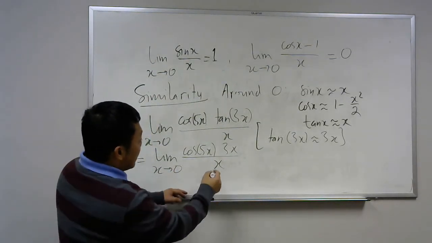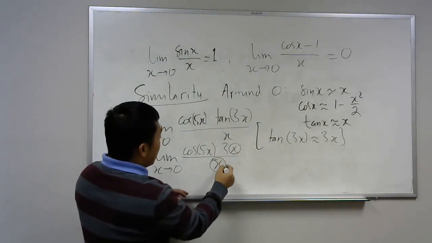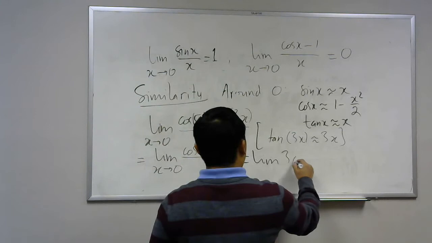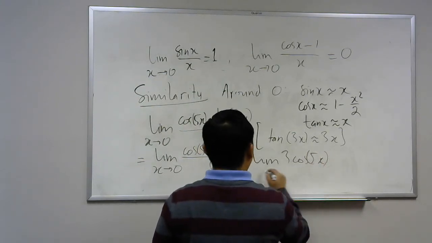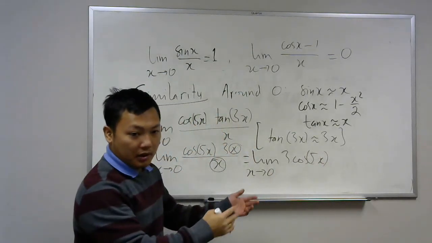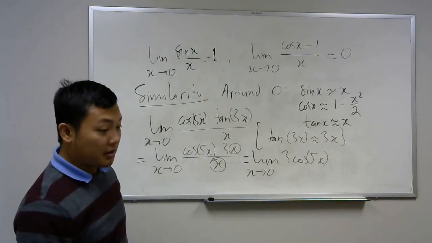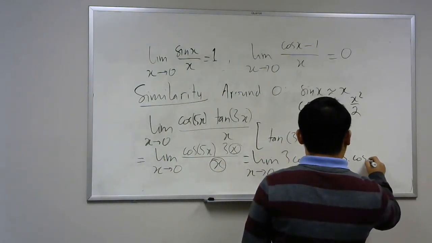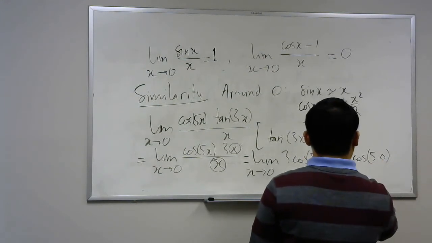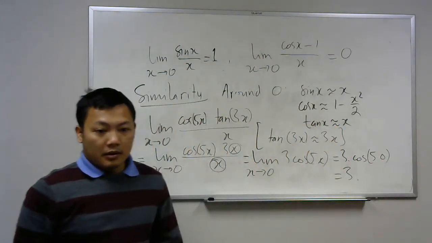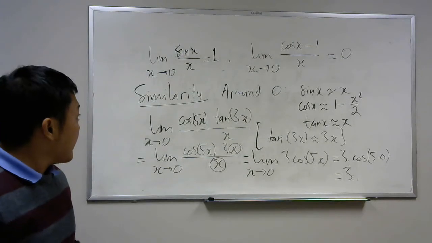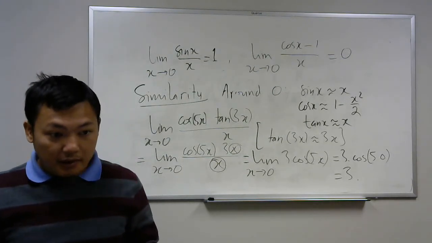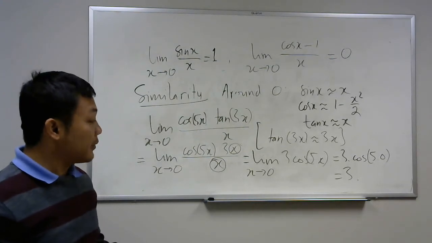And you simplify x with this guy, you have 3 cosine 5x, and you plug 0 into this function, you get 3 cosine of 0, which is 3. Yeah, that's how we can use similarity when we consider limit with trig functions at 0.